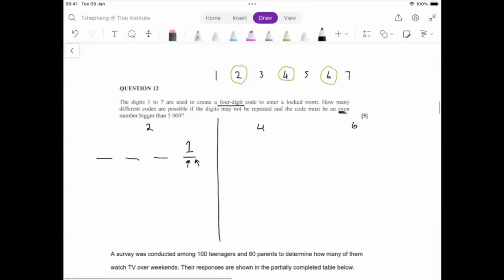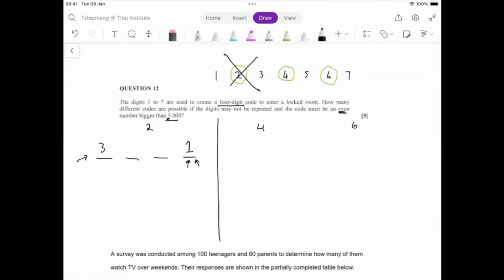Now the 2 is out. Done. Okay? We're left with 6 numbers. Now we want this to be bigger than 5,000, meaning that we either need a 5, a 6, or a 7. So how many numbers can I put here? Anyone? I can put 3 numbers, 5, 6, and 7.